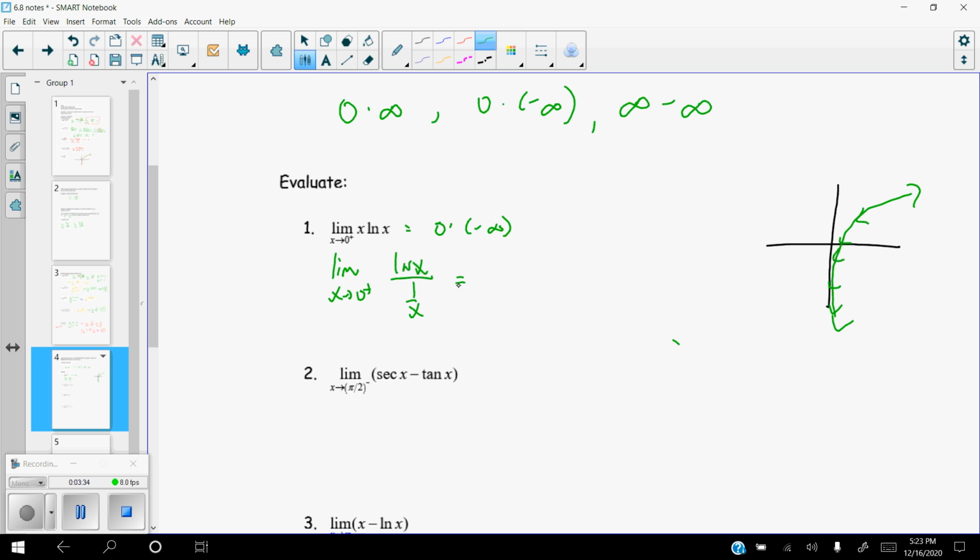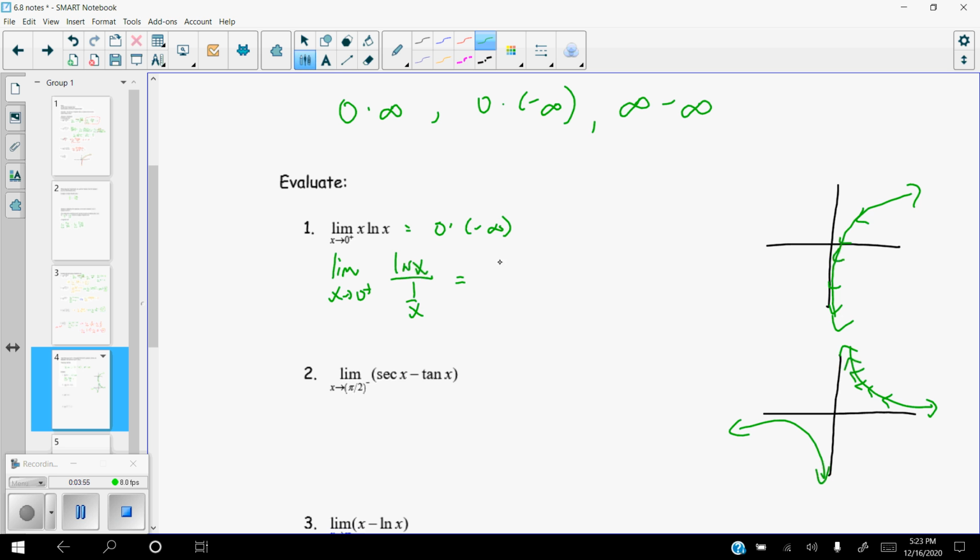But now I have to ask myself, what does the graph of 1 over x look like? Well, 1 over x looks like this. So as x approaches 0 from the right side, 1 over x approaches infinity. It's going to keep going up.